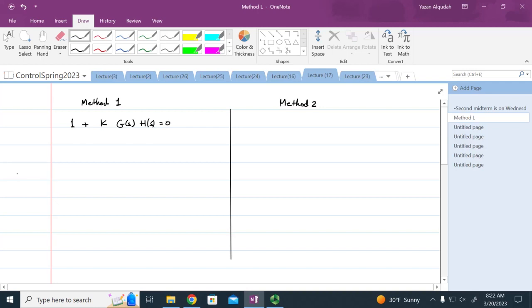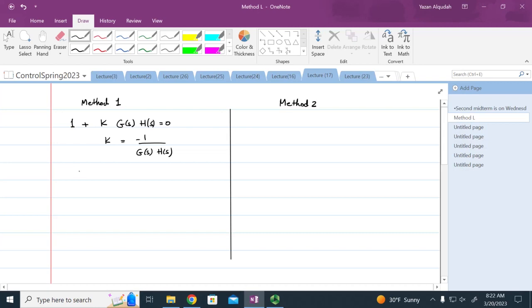If I want to write k in terms of the pole locations, I can write k equal to -1 divided by g of s multiplied by h of s. Together, k satisfies this equation along the branches that we're trying to calculate the breakaway and break-in points for.